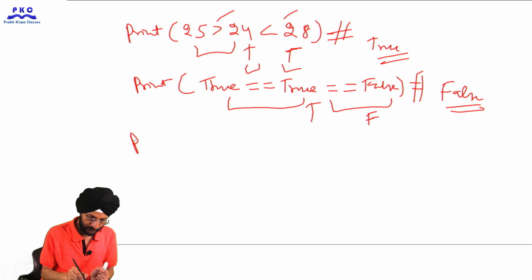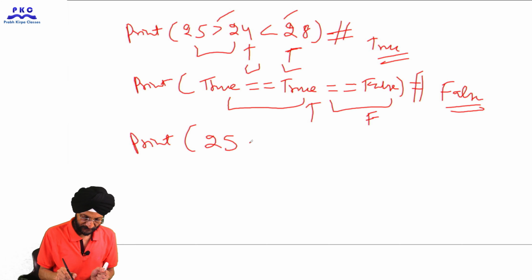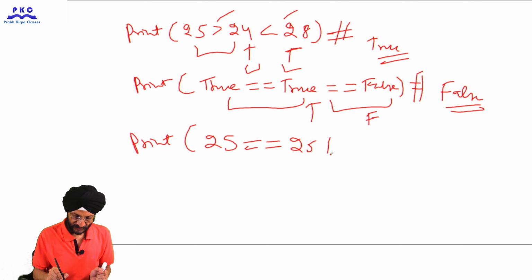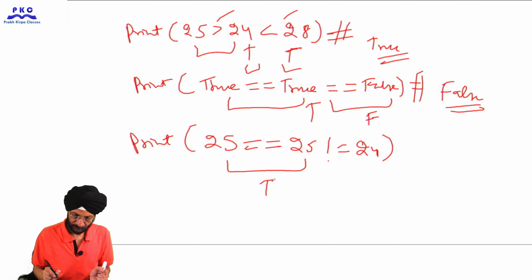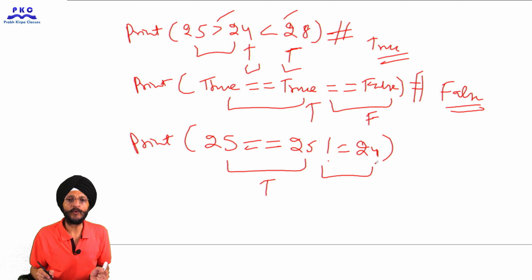If we write print 25 equals 25 is not equal to 24. What is the first comparison? 25 equal 25. It is true. 25 not equal to 24.